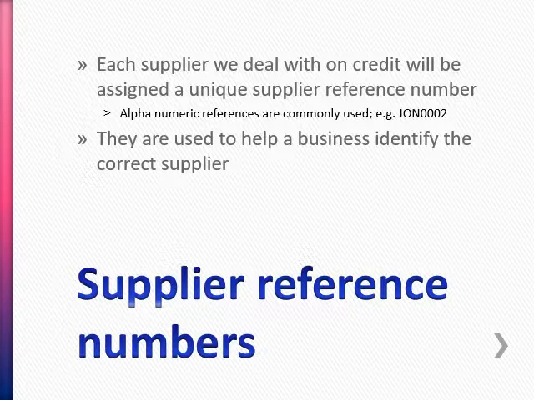They're used so that we can help the business identify the correct supplier and make sure that all transactions relating to that supplier are recorded correctly, that we don't record them against the wrong supplier account code. And this is certainly more important when we have an awful lot of suppliers that we deal with on credit terms.